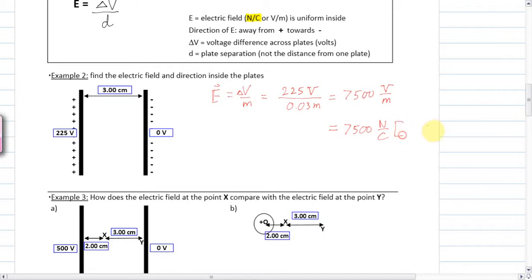What's the direction here? Okay, east or right would be fine, yes, because we have to put a little positive test charge in here, and which way would it go? It would go that way. So the direction here is east.